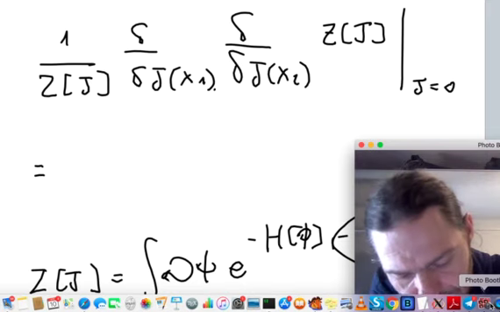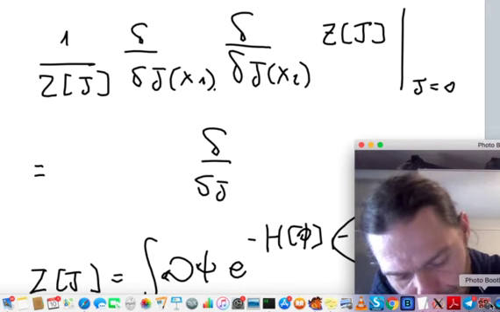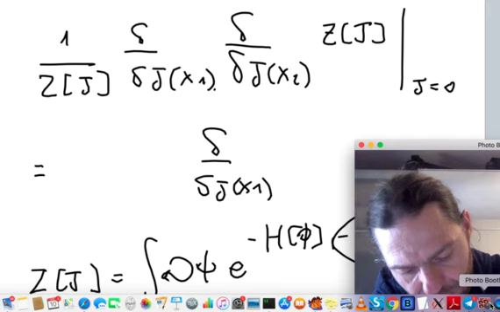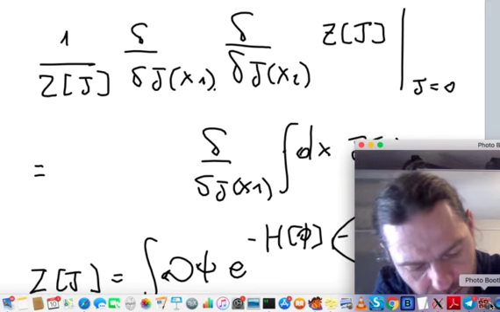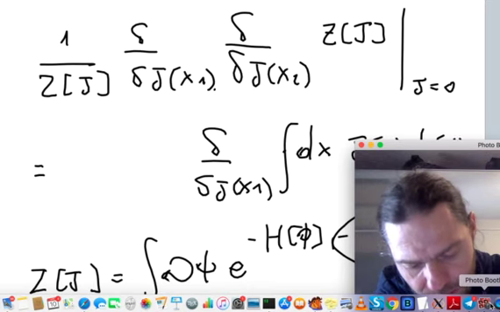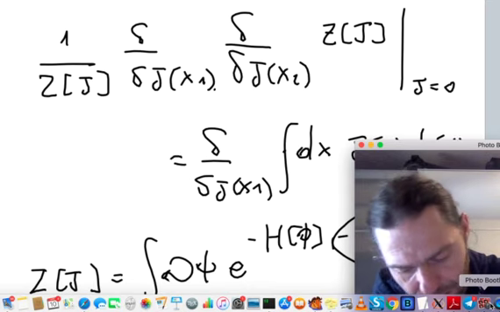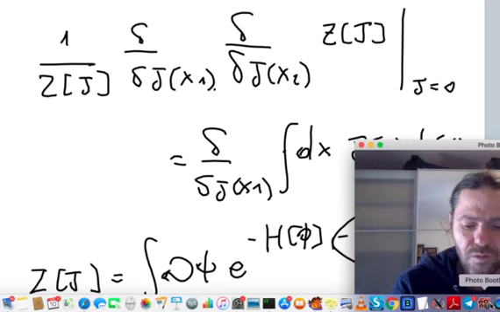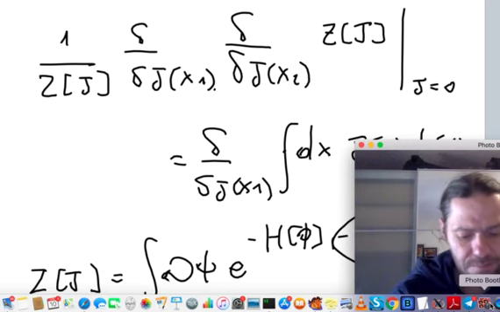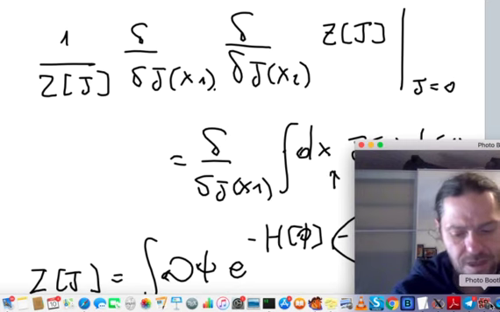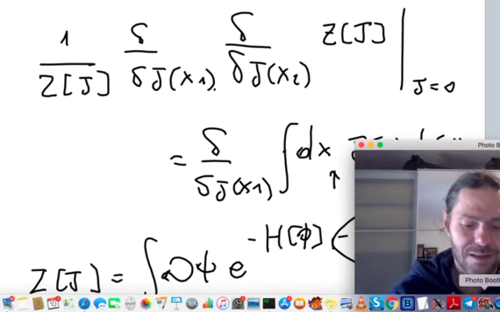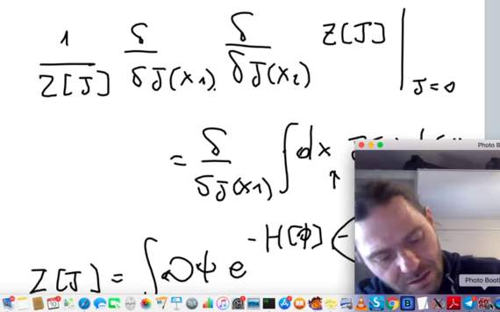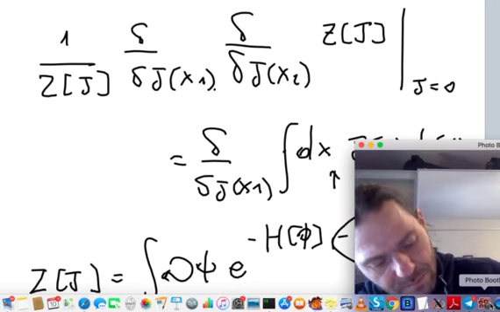Now the functional derivative with respect to j1 in x1 of the integral in dx of j of x phi of x is actually, let me write it on the left rather than on the right. How do we know? We can discretize this sum, and then only one term in this sum will survive. Stated differently, this is going to be phi of x1.